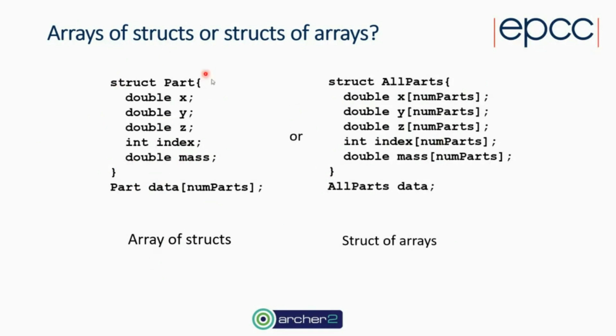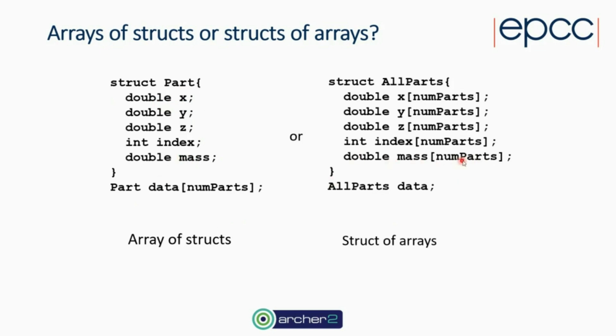This one here on the left, array of structures, is a nicer encapsulation method, at least from my point of view, to make the structure understandable in your program, but it doesn't map well onto things like vectorization. So say you're doing an operation where you want to sum up all the X components or sum up all the masses, you have to iterate through each particle, take out the mass from that particle and then do some work on it.